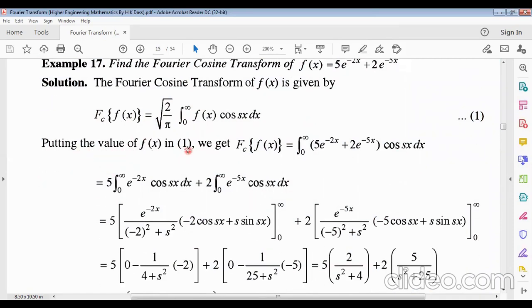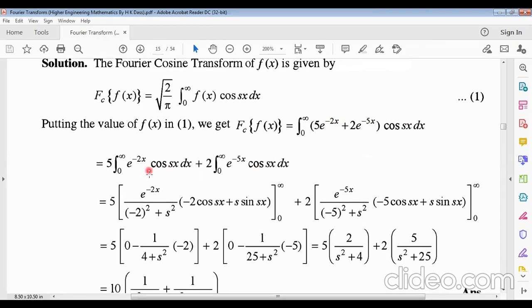Now putting the value of f of x in equation 1, we get this integration: 5 into e to the power minus 2x cos sx plus 2 into e to the power minus 5x cos sx dx. Just adding this integral sign and multiplying with cos sx, we get two parts. First part is this and second part is this.